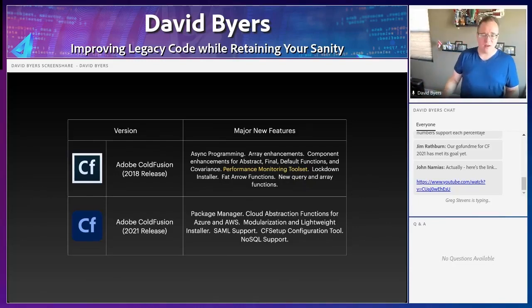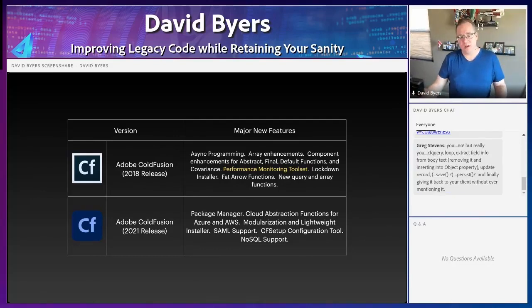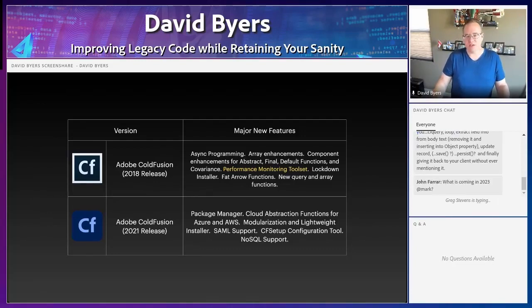CF 2021, of course, pushed the envelope even further and introduced all new features like the much smaller installation file that includes a package manager, cloud abstraction functions for Azure and AWS, modularization, that new lightweight installer, SAML support, CF setup configuration tool, NoSQL support, much, much, much more.